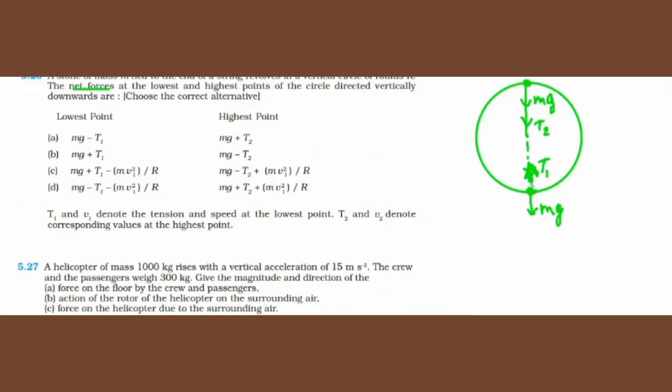So at the lowermost point, Mg and T1 are in opposite directions. So net force towards the center is Mg minus T1. And here at the top, net force towards the center is Mg plus T2.